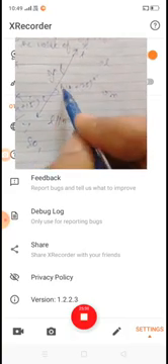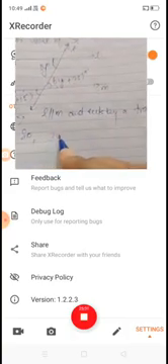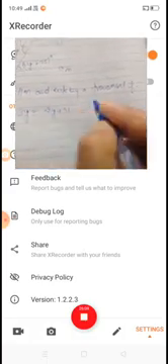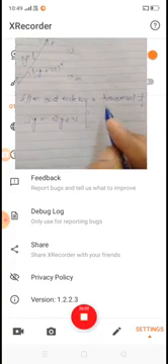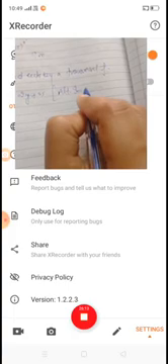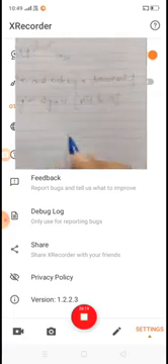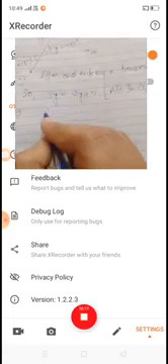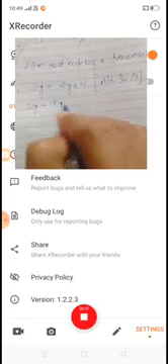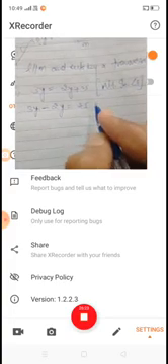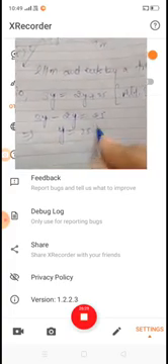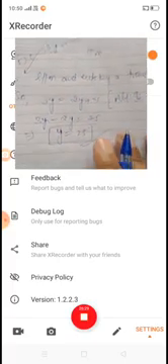So these are equal to each other. So 3y is equal to 2y plus 25 because these are alternate interior angles. After solving it, 3y minus 2y is equal to 25, that is y is equal to 25 degrees. So the value of y is 25.